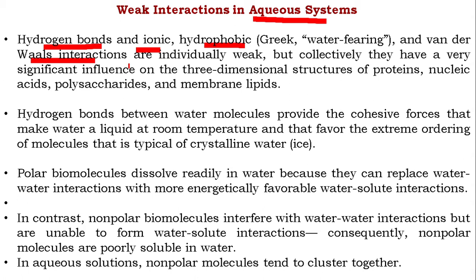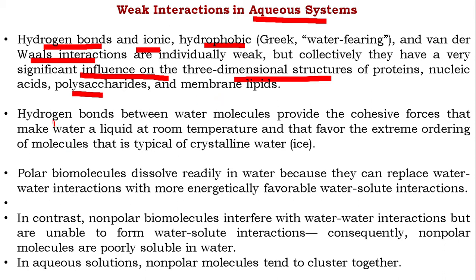And most of the biological molecules exist in their native structure because of these weak interactions. Of course, you know that covalent bonds are also playing vital roles. You see, these attractions influence the three-dimensional structure of biomolecules such as proteins, nucleic acids, polysaccharides, membrane lipids, etc.